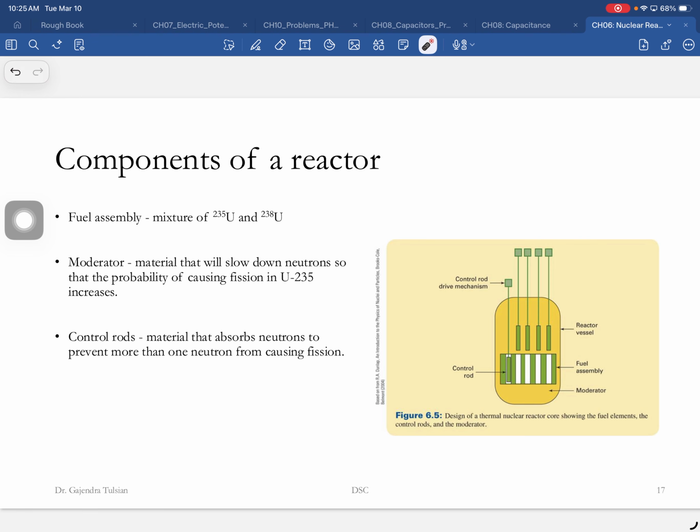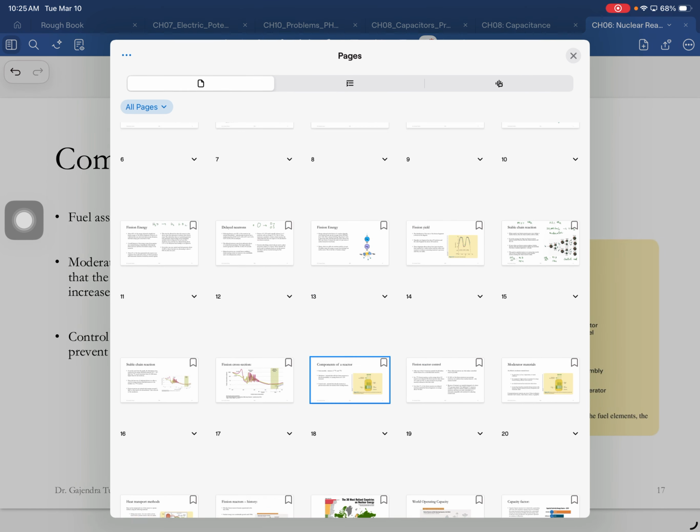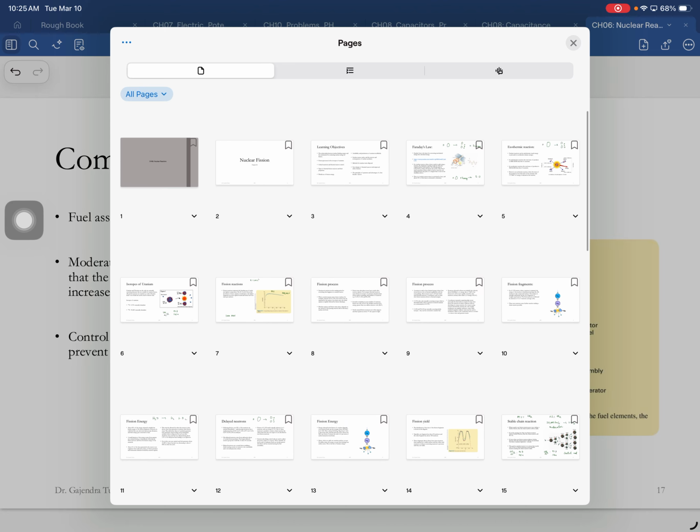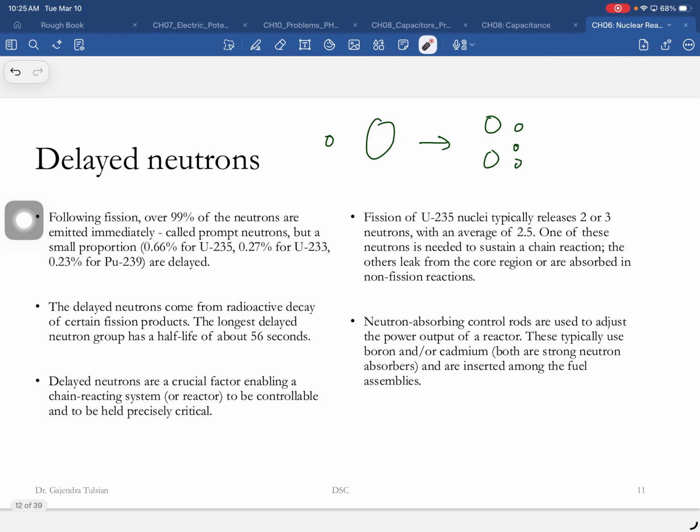When you want to produce half as much power, you put half the control rods in, and only the reaction over here is going on. So that's how you adjust power. Control rods are used to adjust the power output of a reactor.